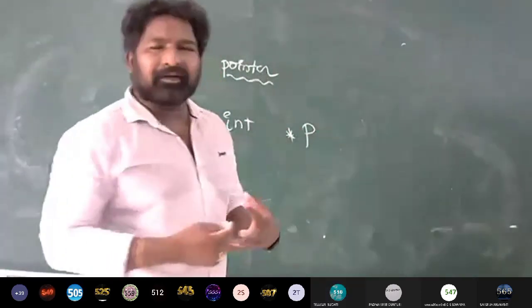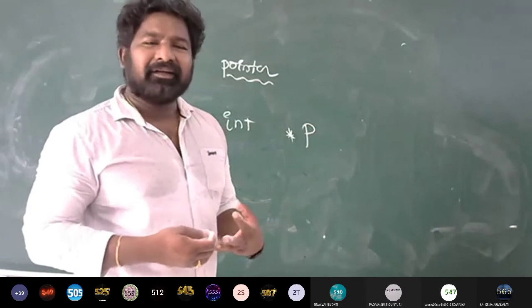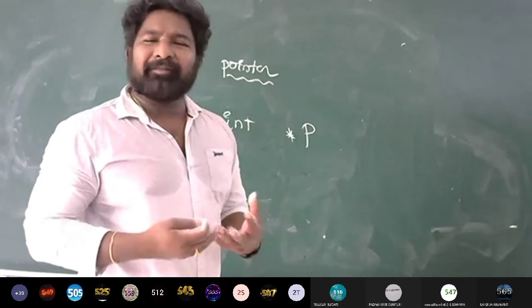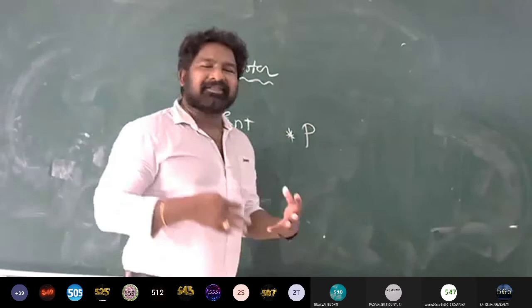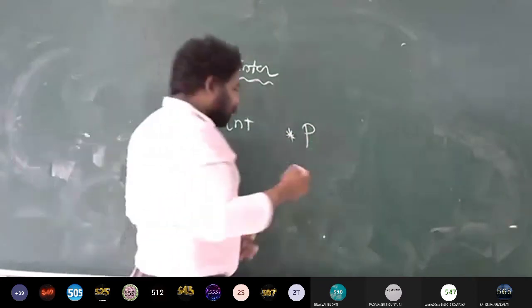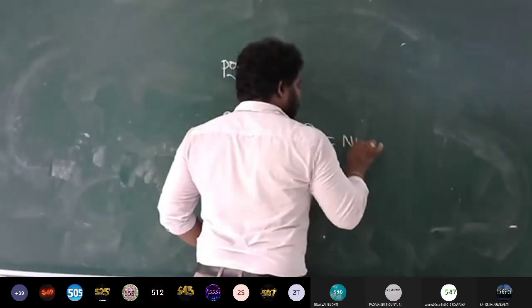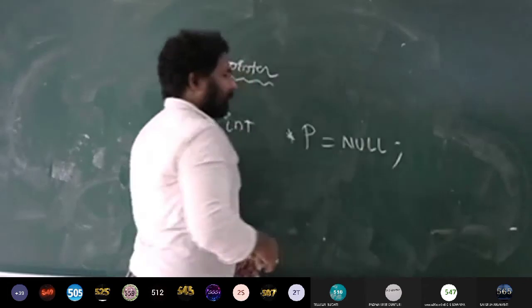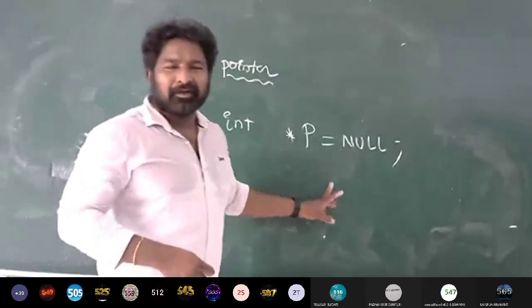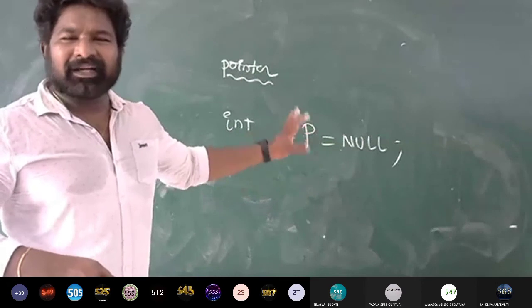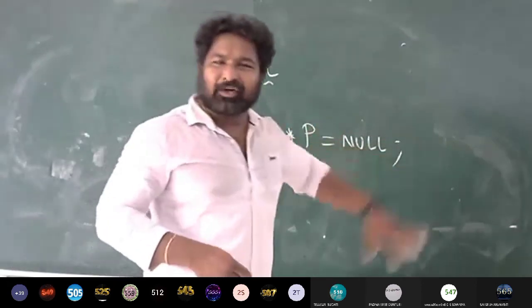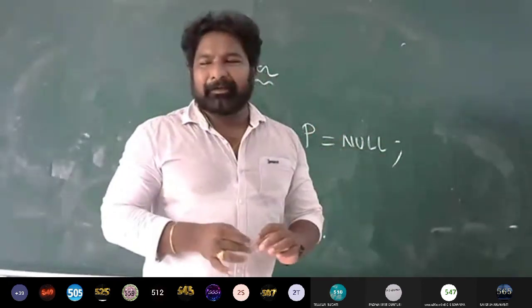So if you are creating a pointer and you are not assigning any address to the pointer during its declaration, it's good programming practice that you put a null here. Don't leave it like int star p. If you leave it like that, that creates a pointer called a wild pointer.